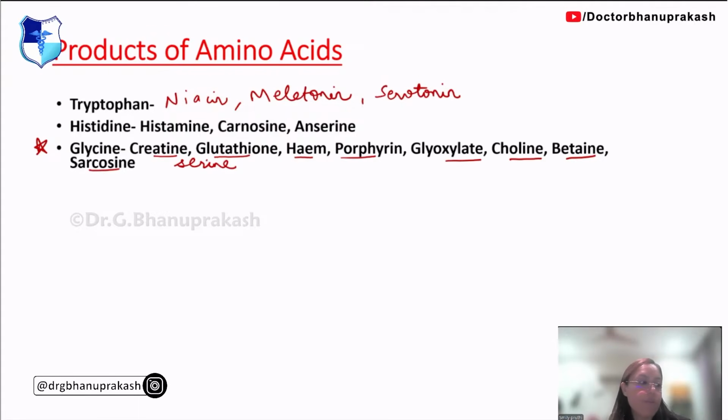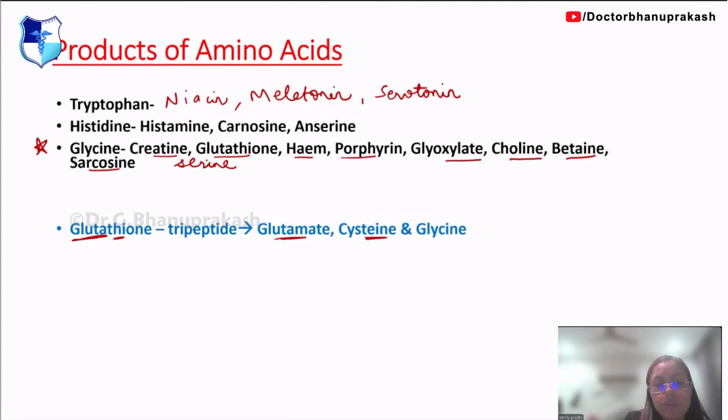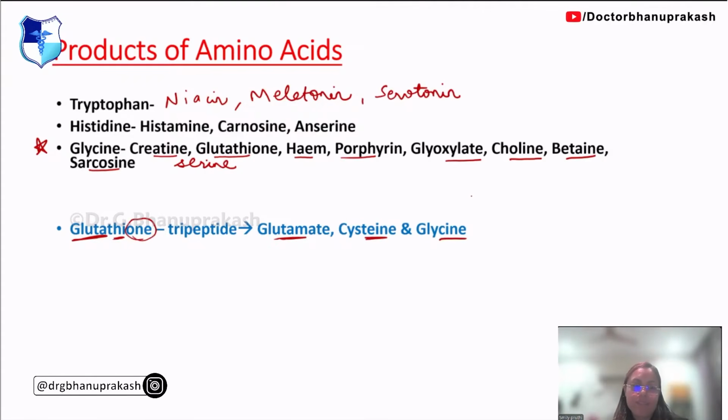Serine is also obtained from glycine. Then glutathione is a tripeptide made up of 3 amino acids. Gluta stands for glutamate. Thia stands for cysteine. One means the simplest, smallest amino acid, that is glycine. Okay, this way you can learn. The name tells you glutathione.